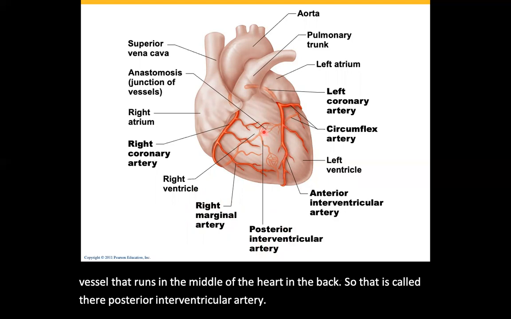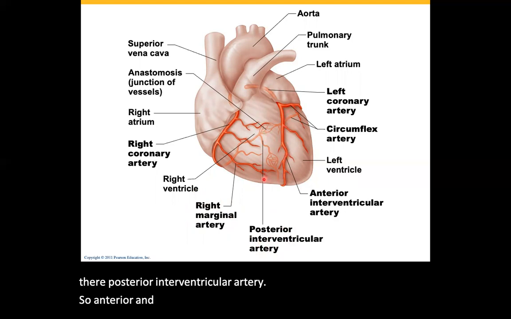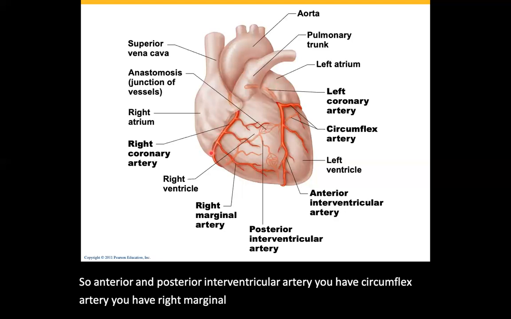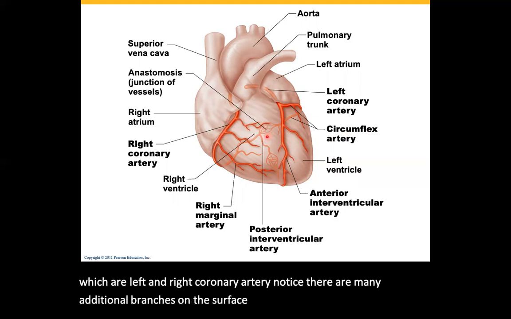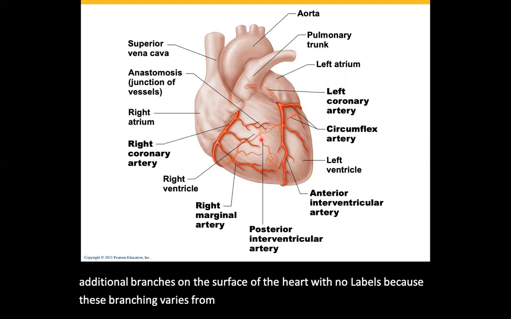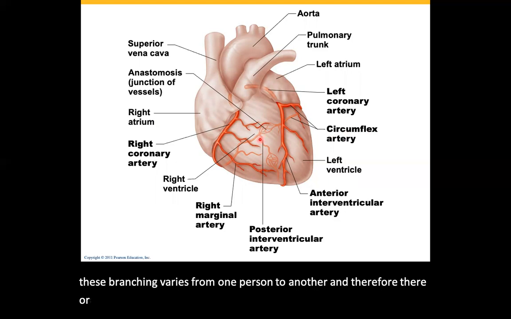So anterior and posterior interventricular artery, circumflex artery, right marginal artery, and then the two main branches, which are the left and right coronary arteries. Notice there are many additional branches on the surface of the heart with no labels, because this branching varies from one person to another, and therefore they are not generalized in terms of identification.